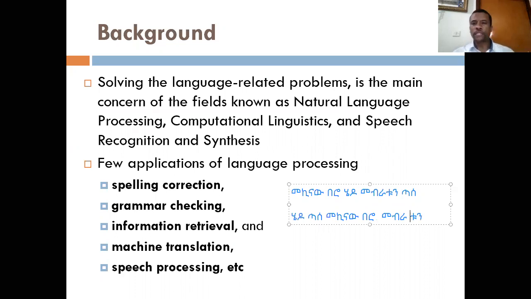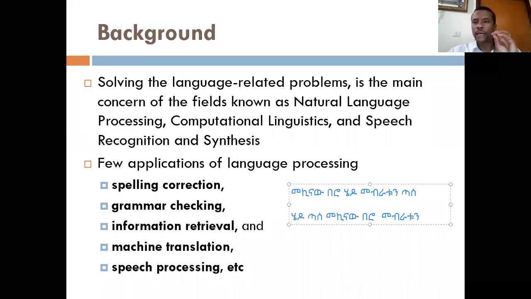Mind you, I'm using the same words, but the order in which I put them is incorrect because of the rule of the language. In Amharic, I'm not allowed to put such kind of things. So there is a preferred order. What comes first? Is it the subject or the object or the verb? Is it the determinant or is it the article? Or is it the negative marker? What comes first or what comes after which one is a very important element that we have to understand.